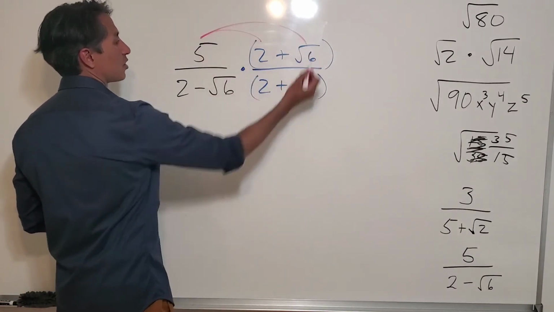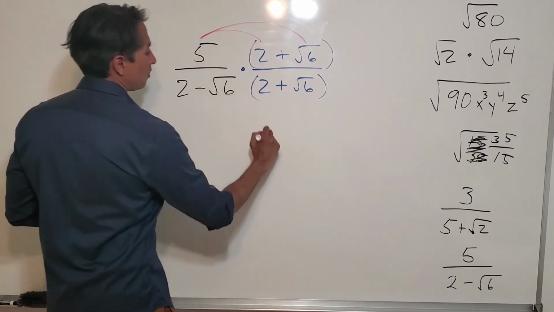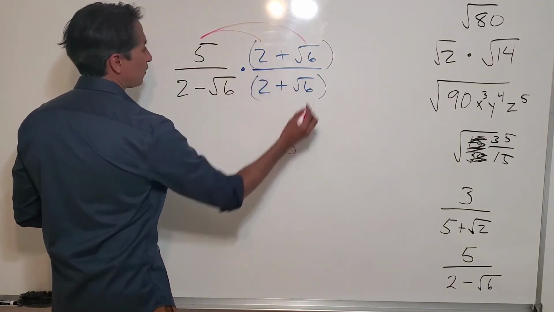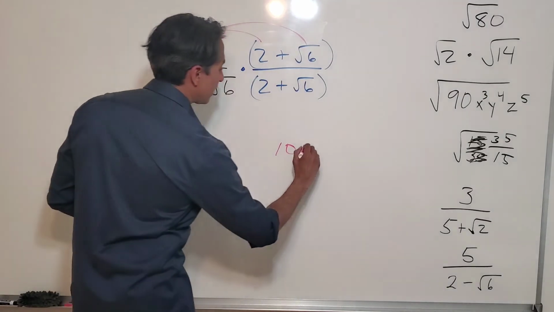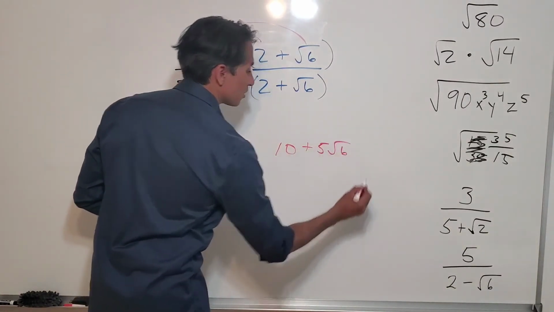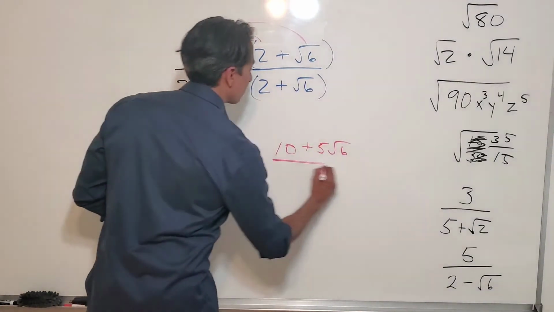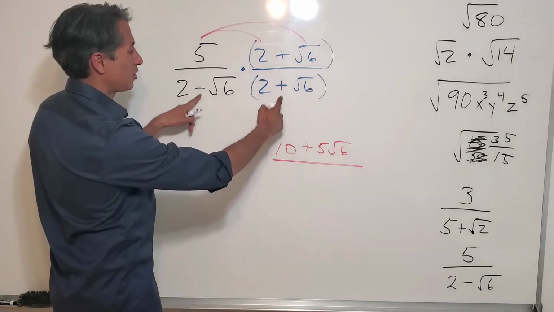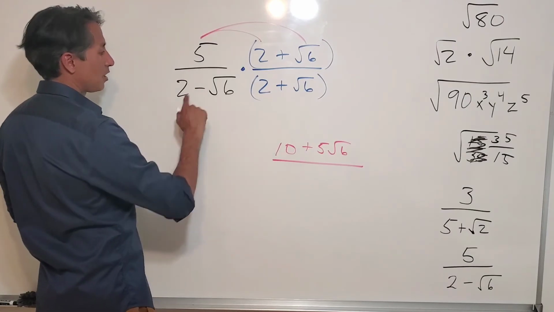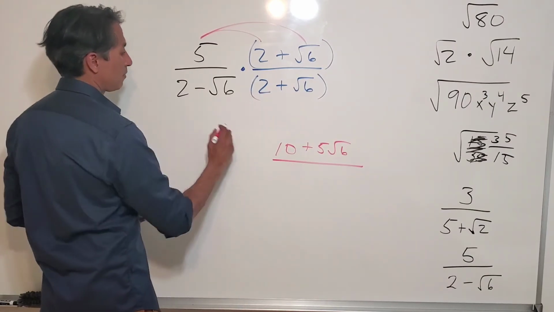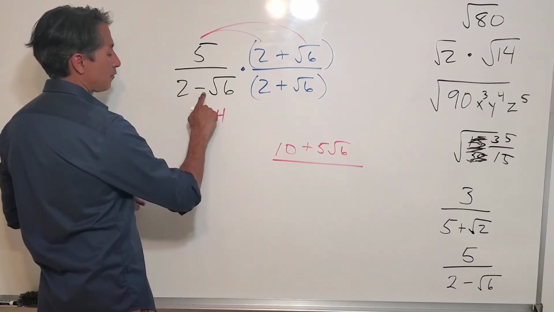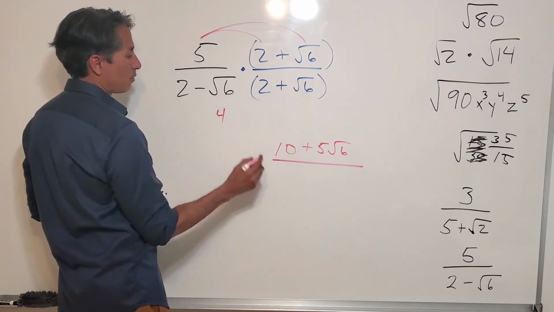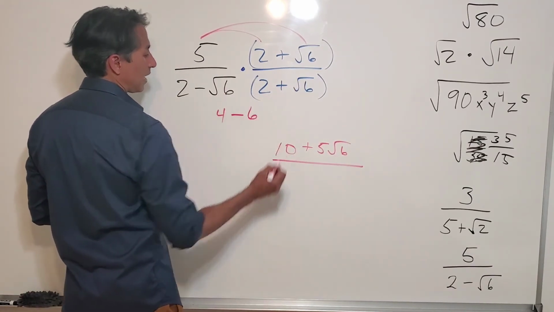and now I just multiply 5 times that binomial. So I just distribute. 5 times 2 is 10. 5 times positive square root 6 is just 5 square root 6. Multiply on the bottom. We know it's a plus minus situation, so the middles are going to disappear. So let me just work on the outside. 2 times 2 is 4. Negative square root 6 times positive square root 6 is negative 6, right?